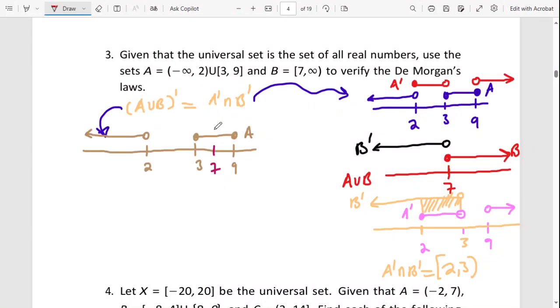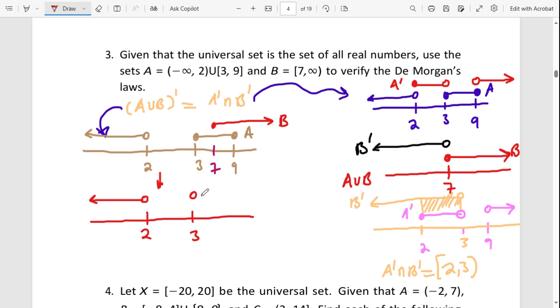Okay, so 7 is included all the way to infinity. That's B. This is not intersection, we're looking for the union. So the union is going to be from negative infinity up to 2, and then from 3 up to infinity. So this is A union B.